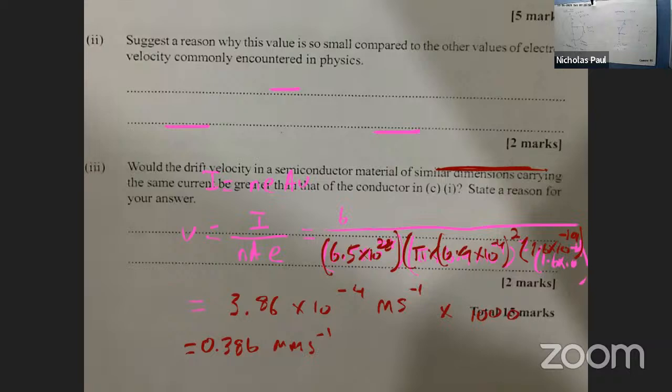So write that please: the drift velocity is small because of the frequent collisions within the conductor.